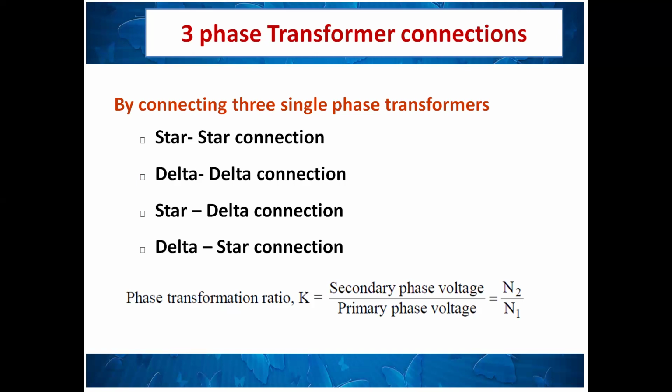But three small units you can easily transport, but their installation is costly because you need to install three. But from an operation and maintenance point of view, there is an advantage in a three-phase bank, because out of three only one transformer is damaged due to a short circuit if there is a fault, so we need to replace only one small unit.